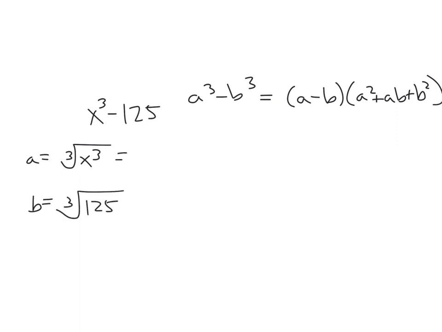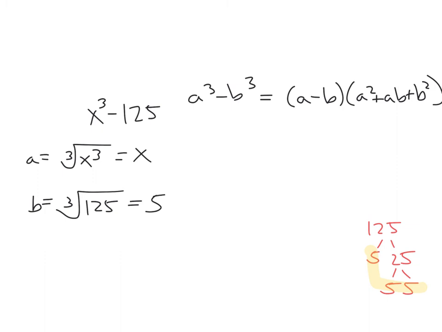So I end up with x for a. Now, the cube root of 125, we could go ahead and figure that out. You could break 125 up into 5 and 25, and 25 into 5 and 5. Conveniently, I end up with three 5s, so I can pull a 5 out.